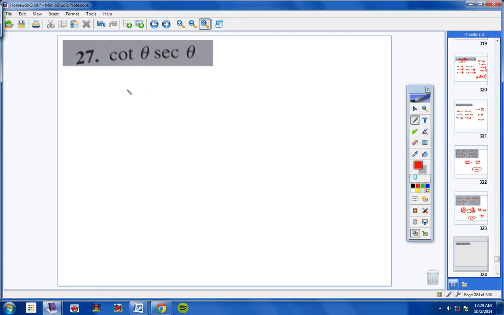So here we go. Cotangent would be cosine over sine times the inverse of secant, which is cosine, so times cosine over 1.